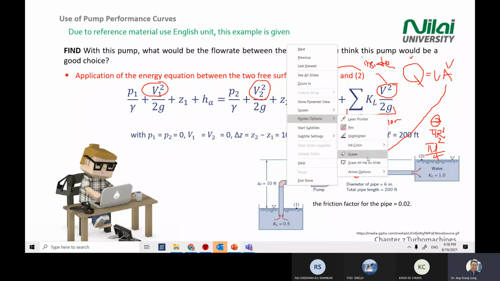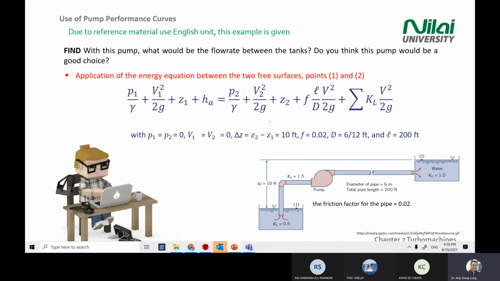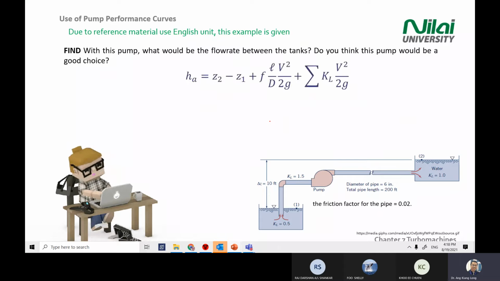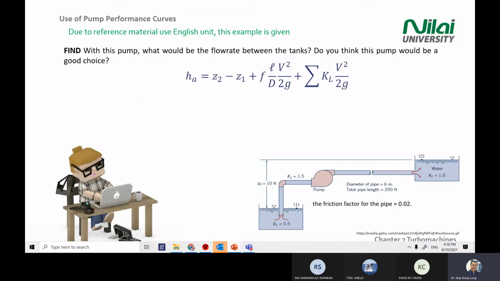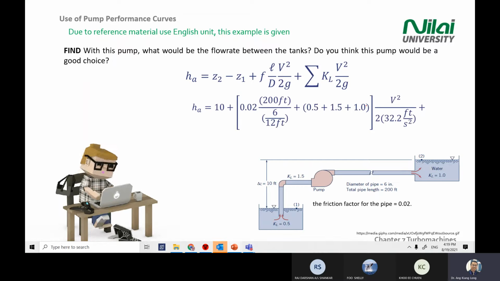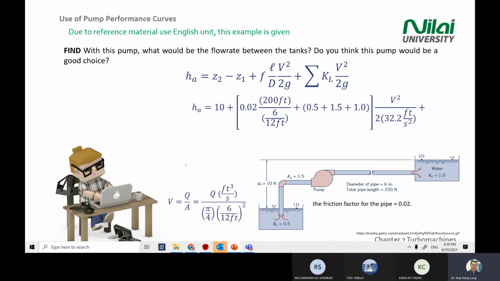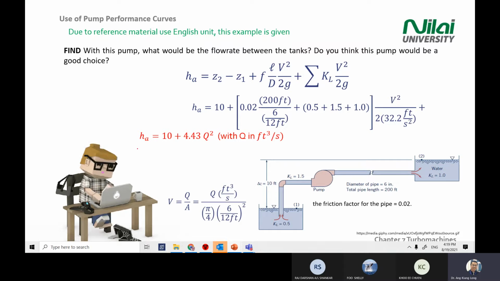So once you get the idea of all the parameters, the rest is just substitution. You just cancel the equation over here, and it will simplify to this form. I do the calculation for you over here, and you'll get an equation in terms of Q.